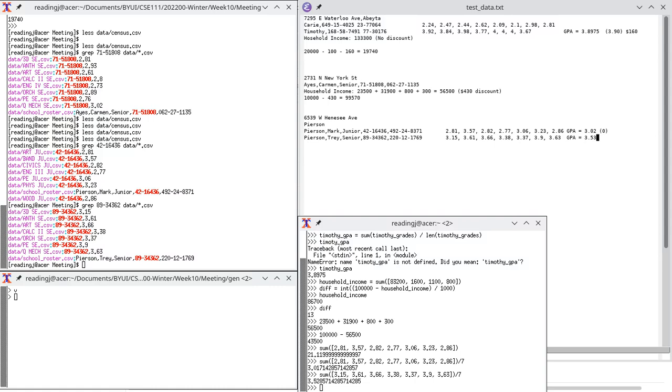So he's 5 complete grade points above, so he should get a $100 discount. And they also get $100 for having multiple students, so it's 100,000 minus 200 equals 99,800. So that was an easy one to calculate.